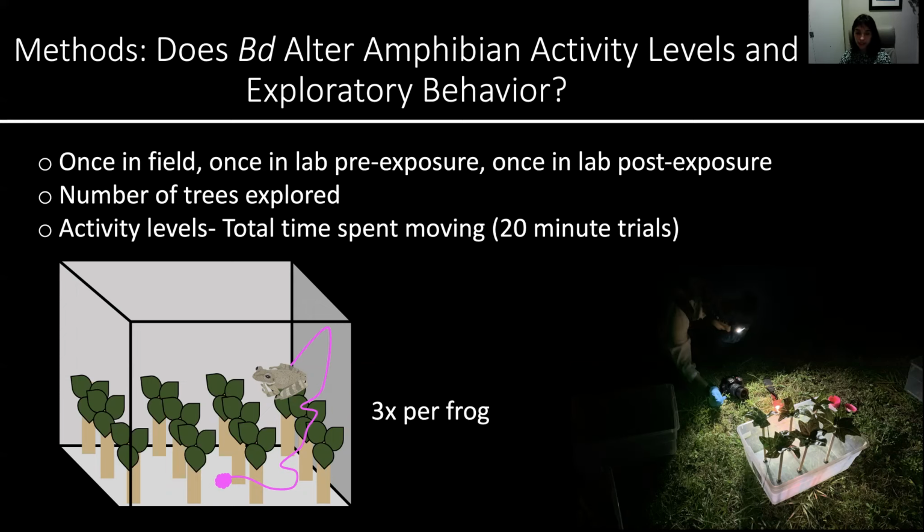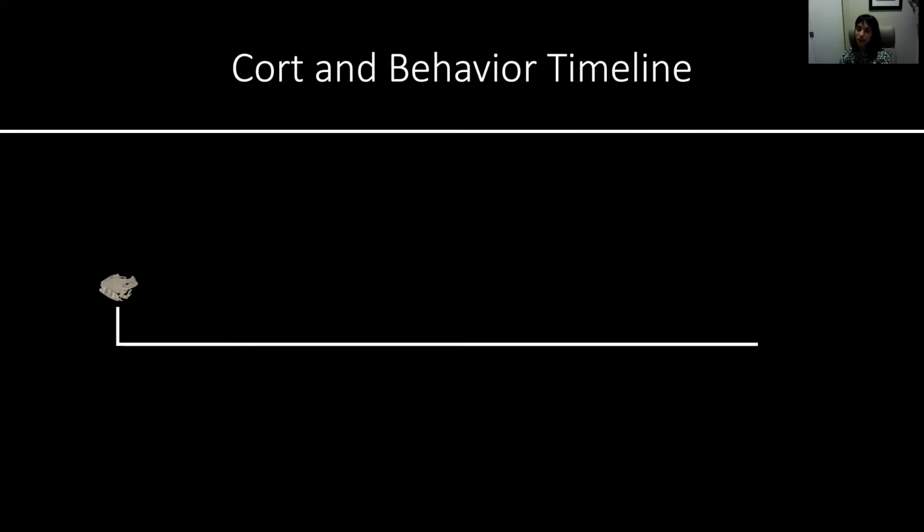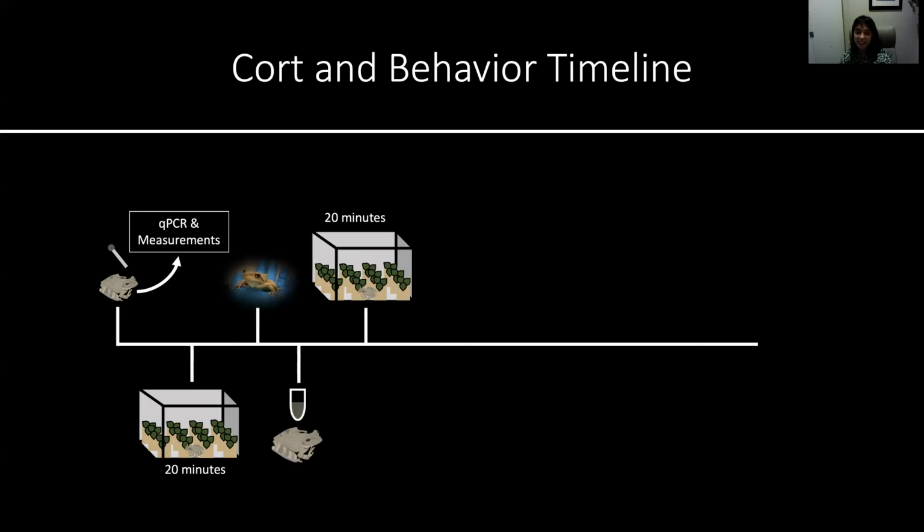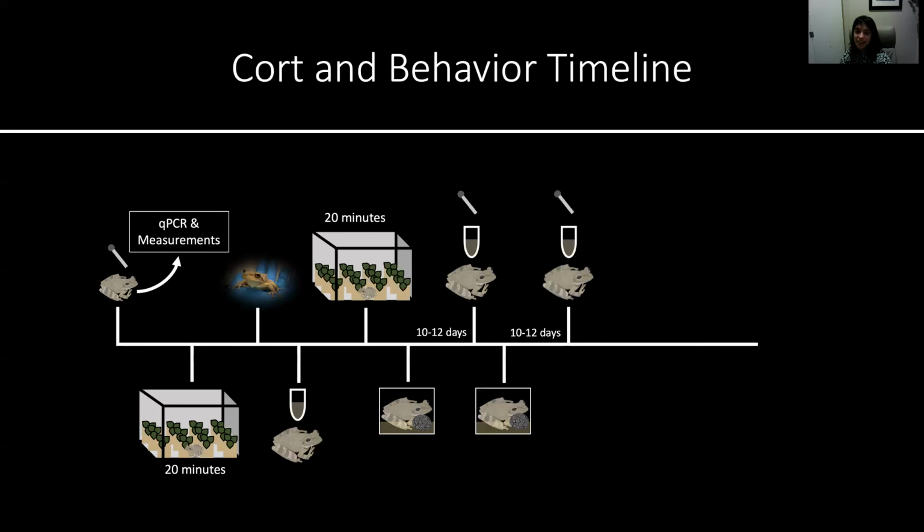And to put this all into one consistent timeline for CORT and behavior, we first collected frogs from the field, took initial measurements and tested individuals for BD, assayed their behavior in the field, brought the frogs to the lab, took the first urine samples pre-exposure, assayed their behavior before exposure in the lab, infected the frogs, swabbed frogs for BD load, and 10 to 12 days later, collected their second urine samples, infected frogs again, swabbed frogs for BD load 10 to 12 days later, and collected our 3rd urine samples, infected our frogs for the last time, and then 10 to 12 days later, took our final measurements and urine samples.